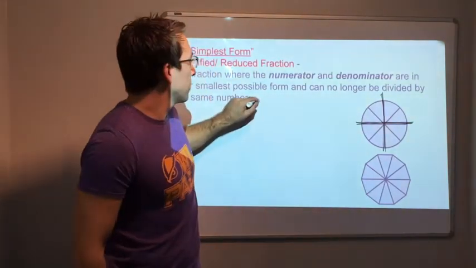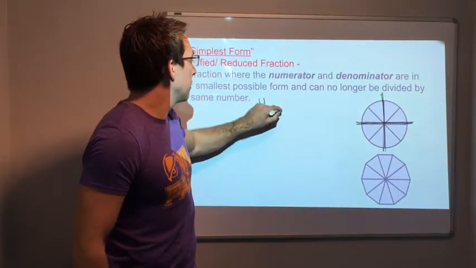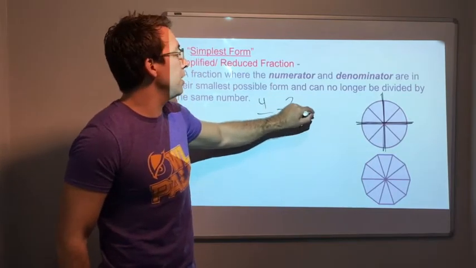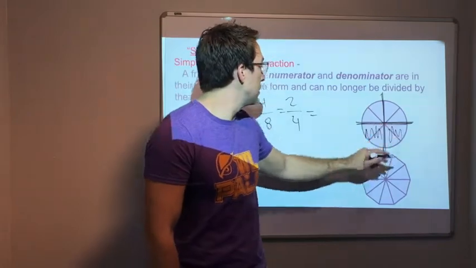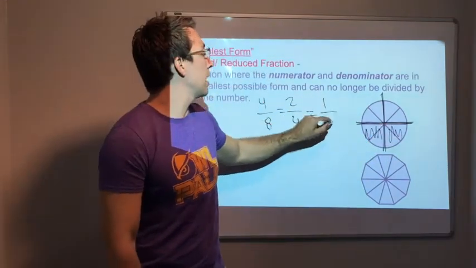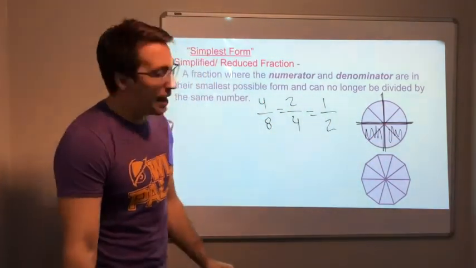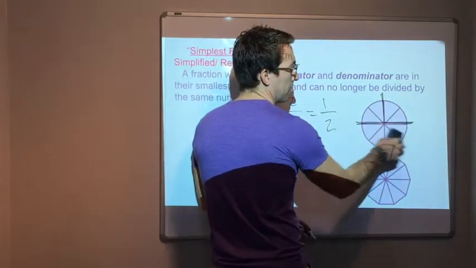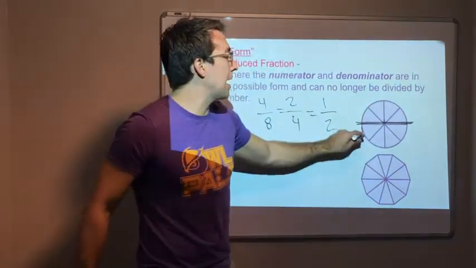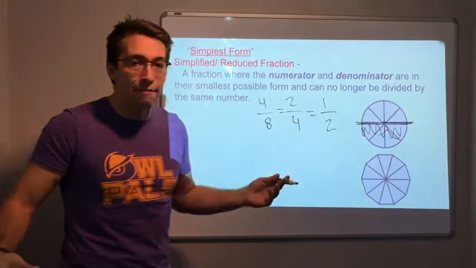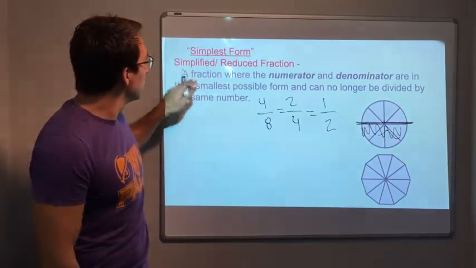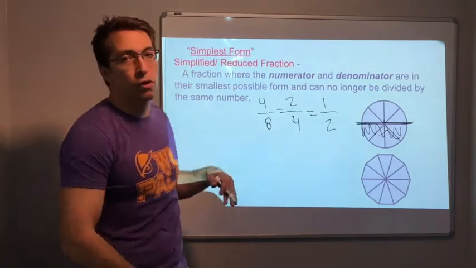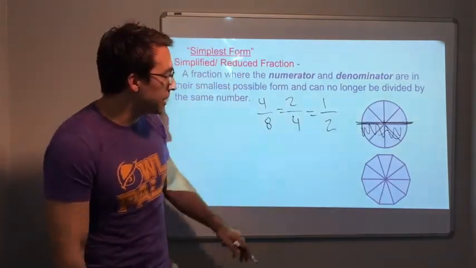No. 4 out of 8 equals 2 out of 4 equals, right? Remember, we still have these 2 pieces. Divide them both by 2. 1 out of 2. And now we can see, oh, look, we divided the pie in half. 4 out of 8 equals 1 out of 2, equals 1/2. So a simplest form, a reduced fraction, that's just it.